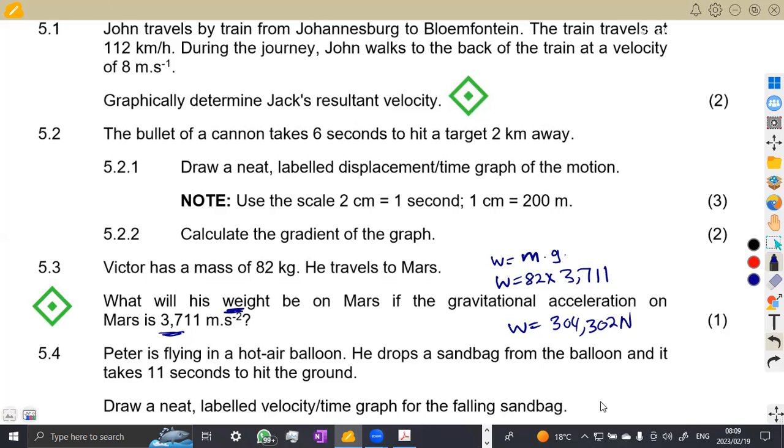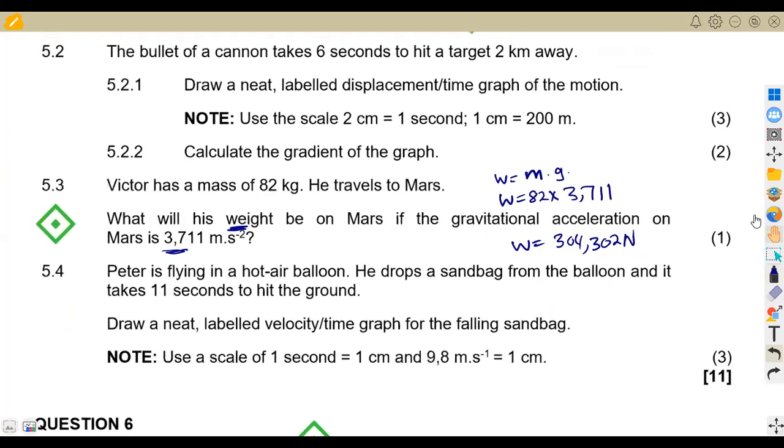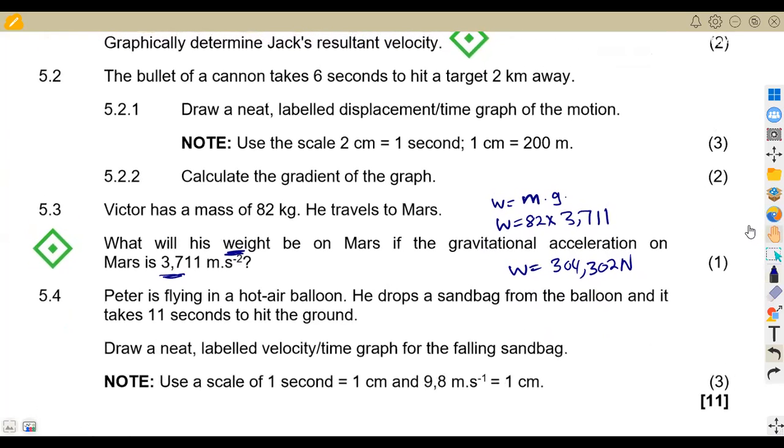If we check on question 5.4, we are now given that Peter is flying in a hot air balloon. He drops a sandbag from the balloon and it takes 11 seconds to hit the ground. We are given the time it is going to take to reach the ground.